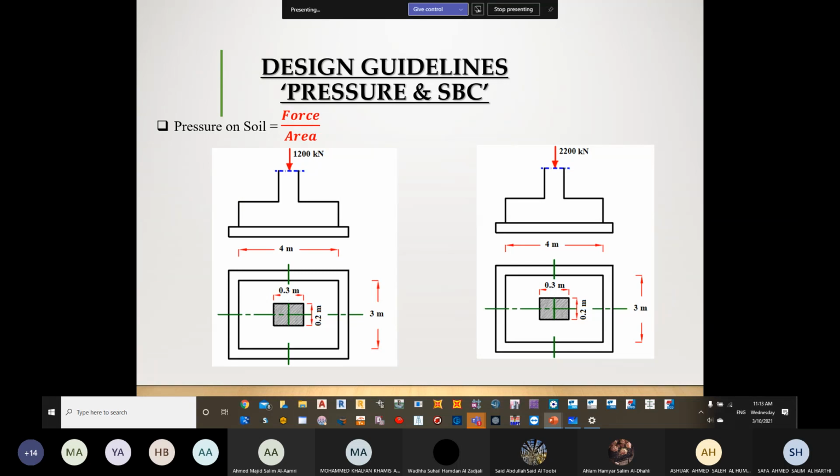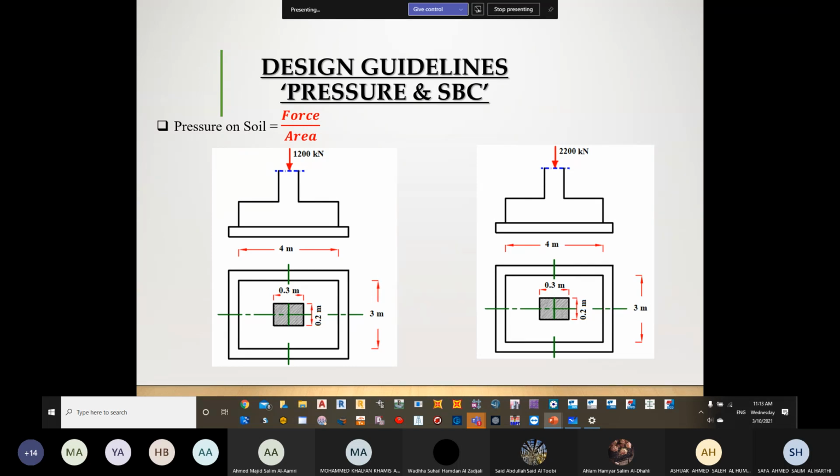Due to that pressure, I feel stressed from inside. In conclusion, pressure is external, stress is internal. That's why we said pressure on soil, because the loading coming from the top is going to cause pressure on the soil first.